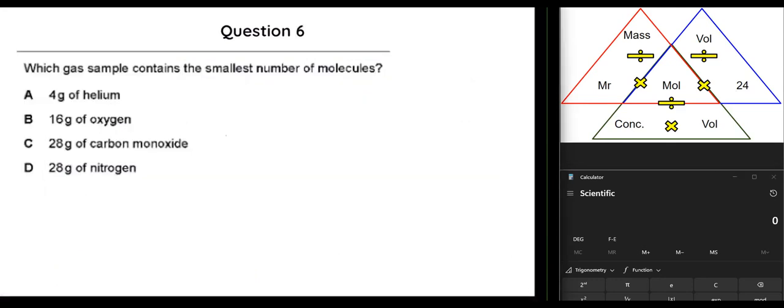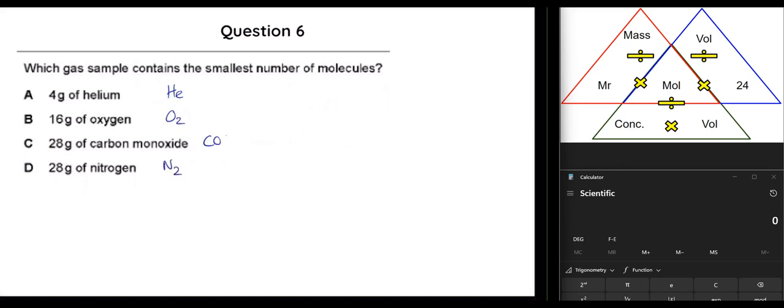Okay, which gas sample contains the smallest number of molecules? So we've got He, a monatomic, we've got O2, diatomic oxygen, we've got CO, and we've got nitrogen, N2.